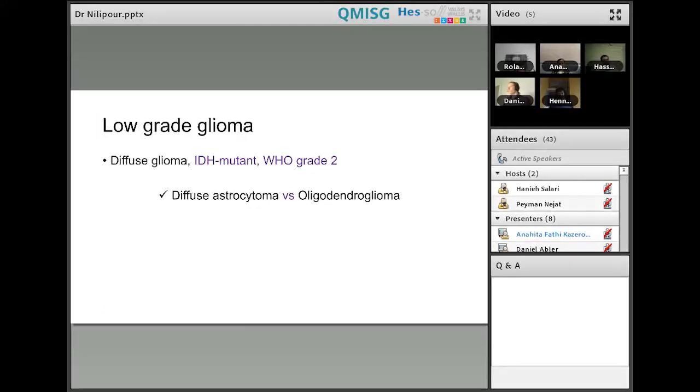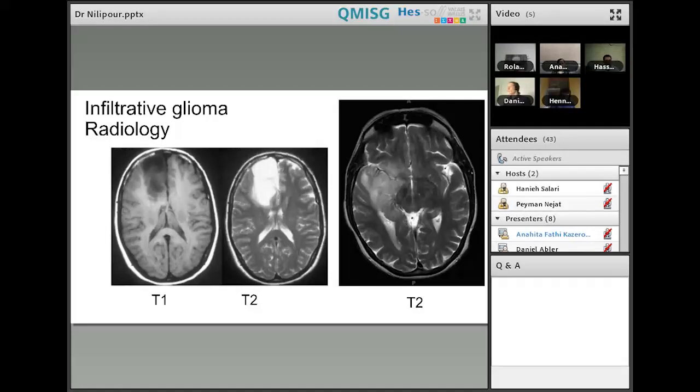Next slide, please. You can see the radiology or MRI is completely different in non-infiltrative low-grade glioma from diffuse low-grade glioma, and they are usually enhancing. That helps us to be sure. And the other issue is diffuse glioma IDH mutant astrocytoma versus oligodendroglioma.